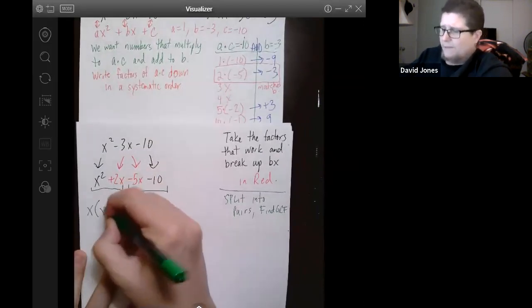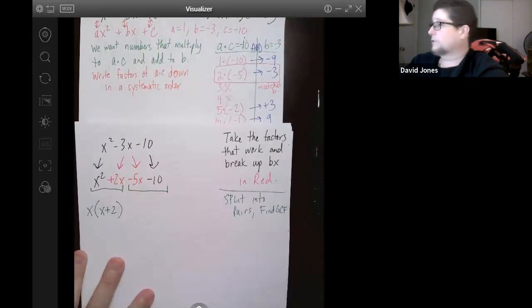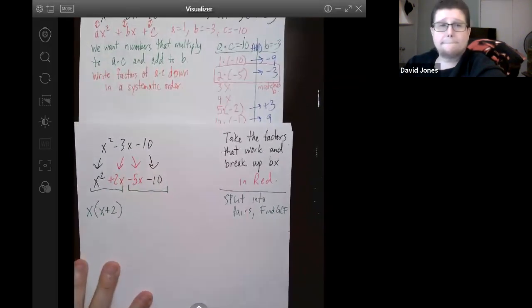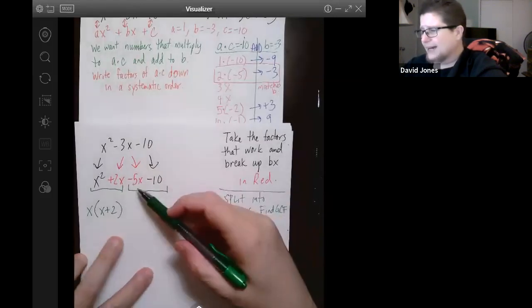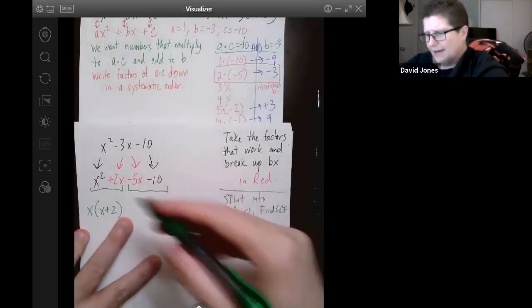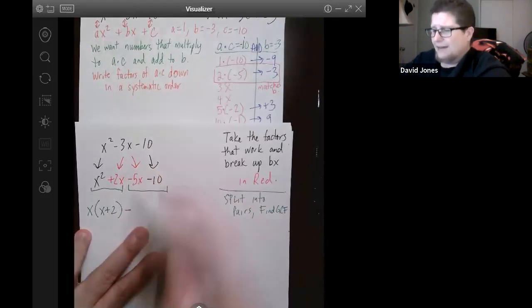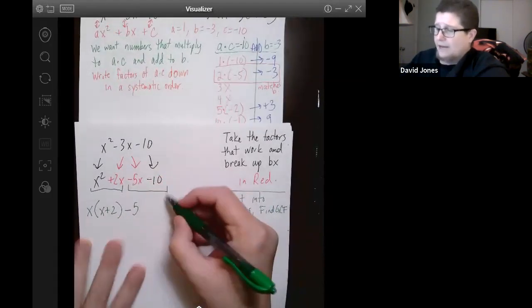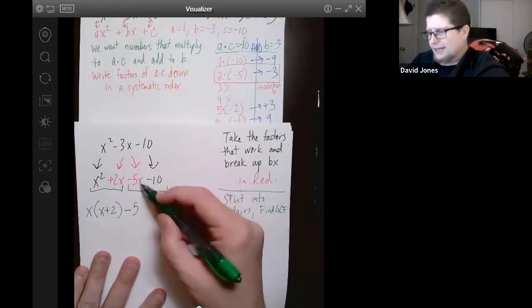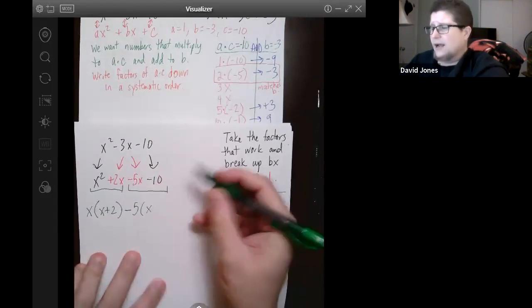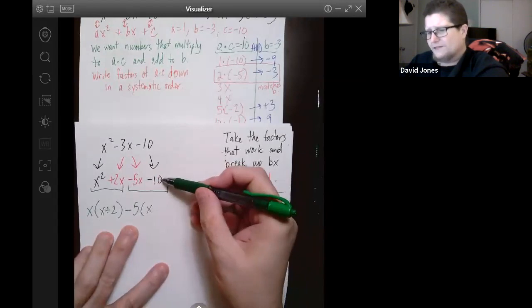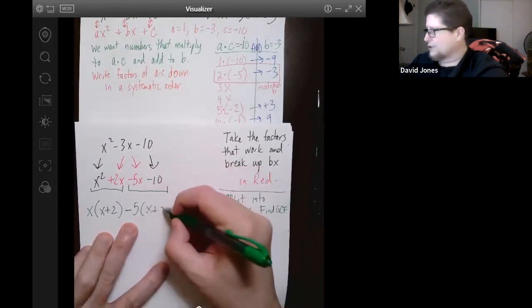And that's going to leave behind x plus 2. If we do -5x and -10, they both have a negative, and they both have 5 in them. What's left behind is I have an x still, and if I divide -10 by -5, I get +2.